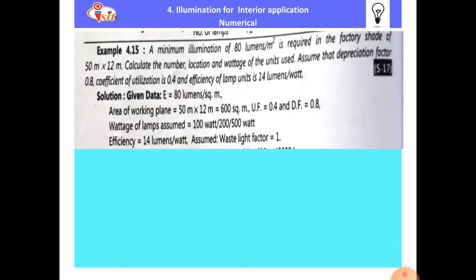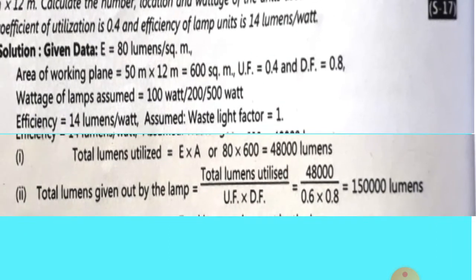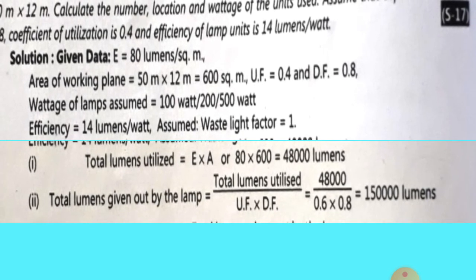Now again the problem is similar: to find the number of lamps, location of lamps and wattage of lamp. The same formula we used earlier we have to use here. For the total illumination, we multiply the area of illumination and the illumination required on that area. For the 600 square meter area, the total lumens utilized is 48,000 lumens.